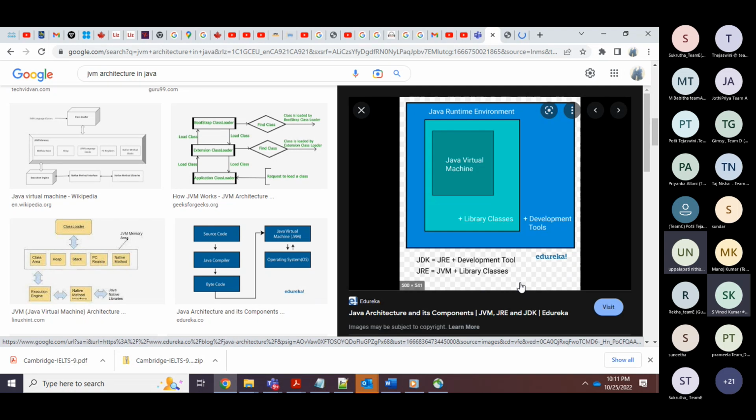JDK means Java Development Kit. Basically, from our childhood days, we hear about a cricket kit, or a badminton kit, or a swimsuit kit, something like that.